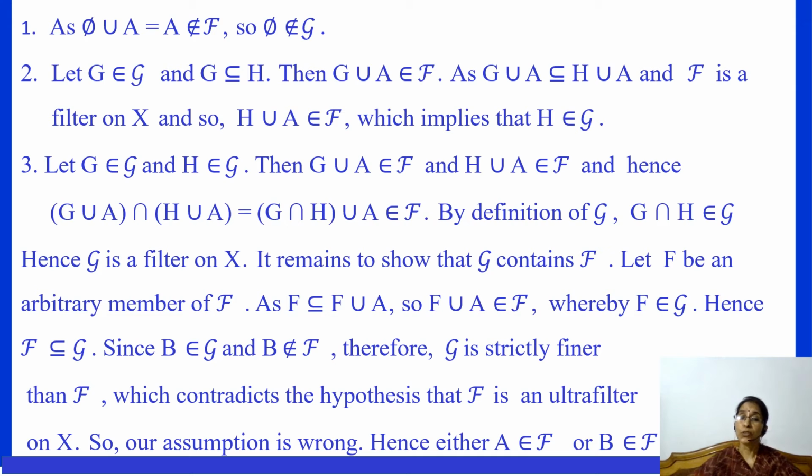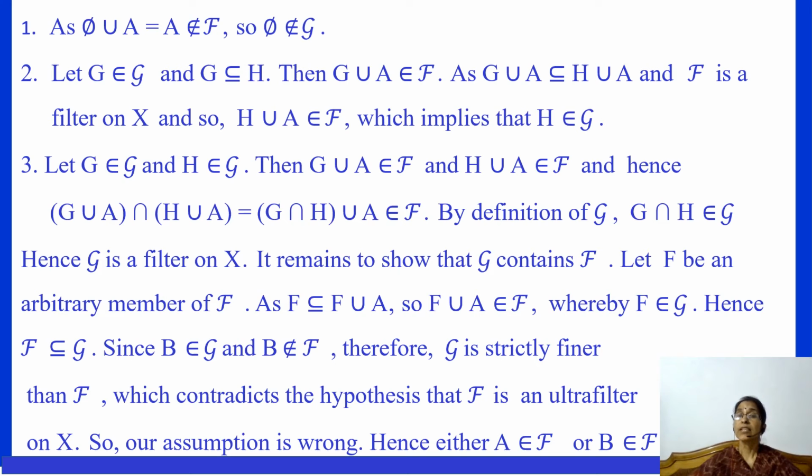So G union A intersection H union A is equal to G intersection H union A, which belongs to F. So by definition of G, G intersection H belongs to G. So we have shown that G satisfies all the properties of a filter. So G is a filter on X.